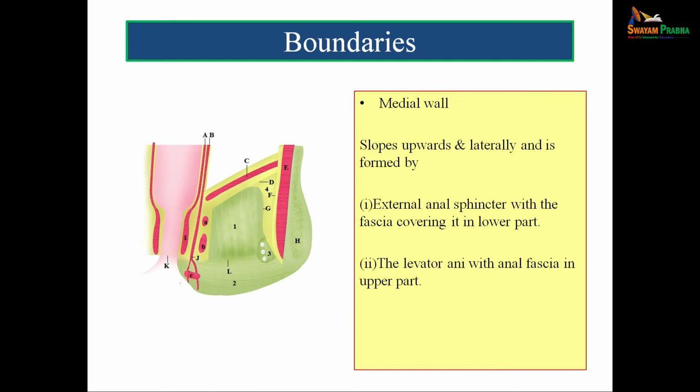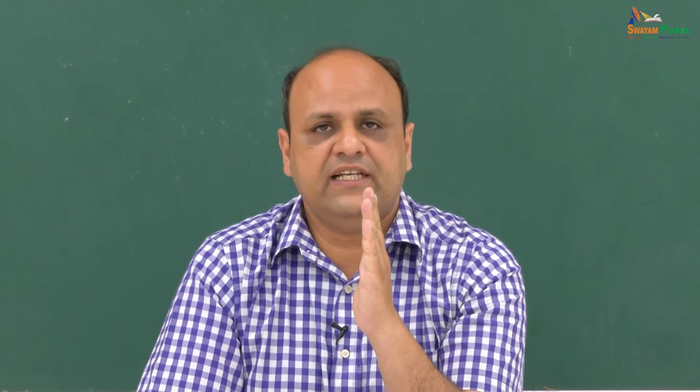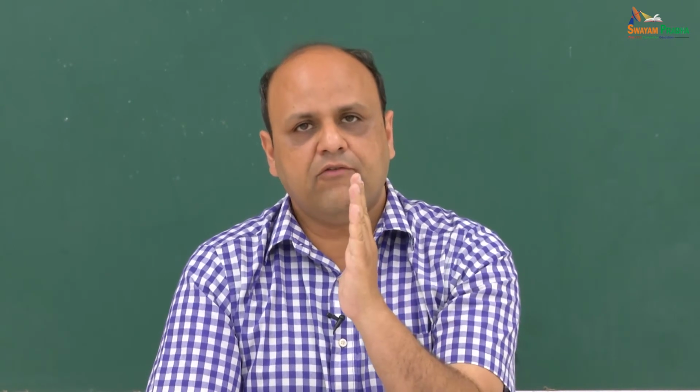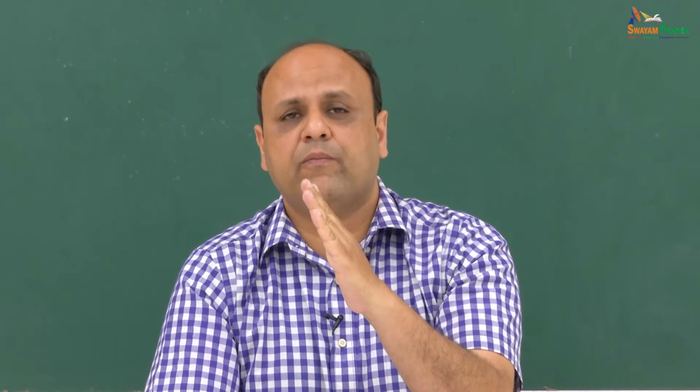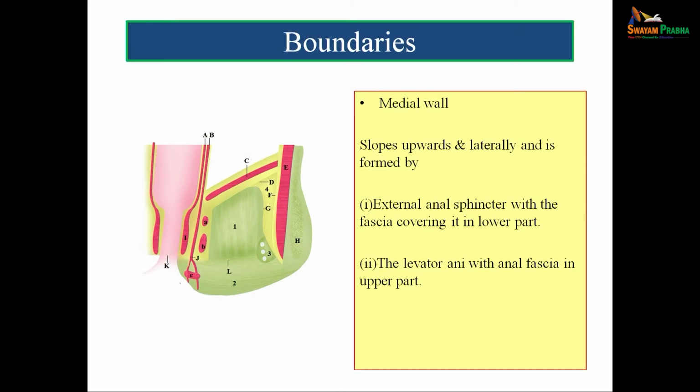Coming back again to the medial wall of the ischiorectal fossa. The medial wall is sloped, so it is formed by the external anal sphincter and its three constituents. In the upper part, the medial wall is formed by the levator ani muscle, marked by big C in the figure.